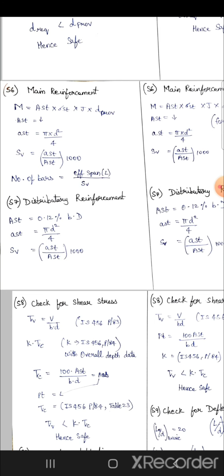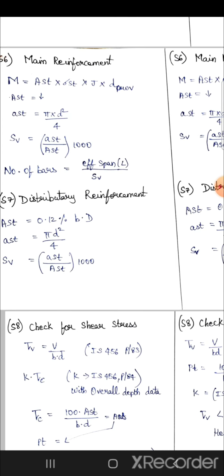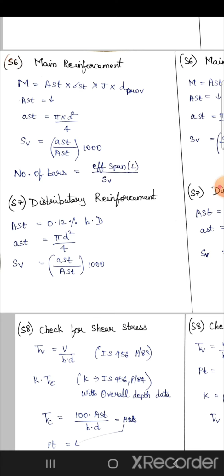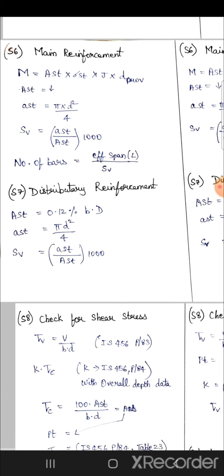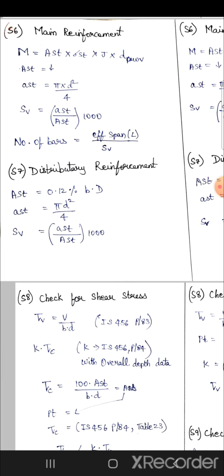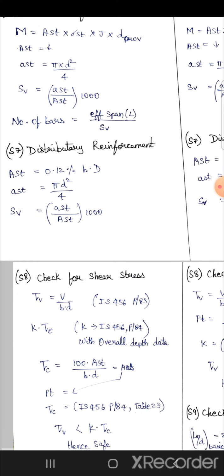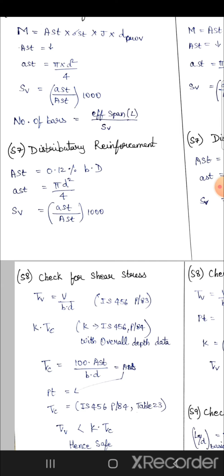Next comes main reinforcement. For one-way slab, the main reinforcement formula is M equal to AST into sigma ST into J into depth provided. So using this formula, we will find AST. Then we must find small ast, pi d square by 4, that is the formula.